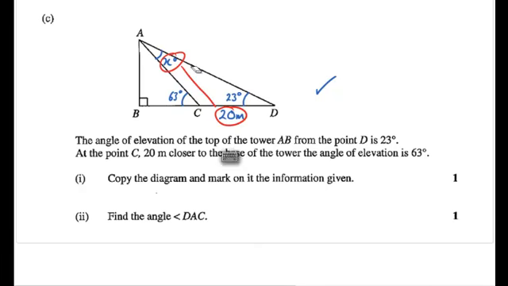Okay, sorry, I'm jumping ahead of myself here. To find that angle, I just need to use angle sum of a triangle rules. So first of all, if that angle there is 63, then this angle here will be 180 minus 63. And that is, what's that?